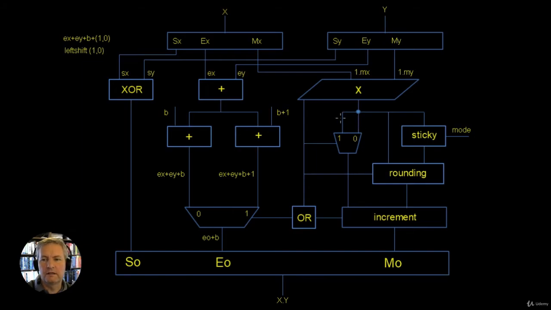So if you like, there's a little bit of circuitry in here which is not shown, but which we will build when we build up our floating point unit in the next course, which will shift the mantissa to the correct position. And we'll take a copy of that mantissa in here and a copy of the unshifted mantissa here, and we'll choose between the two.